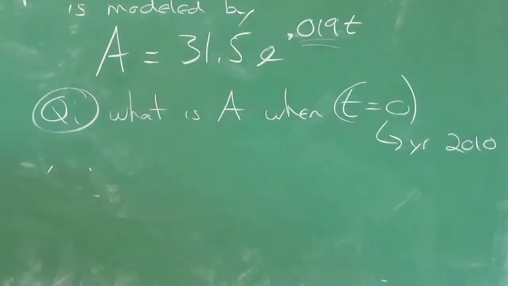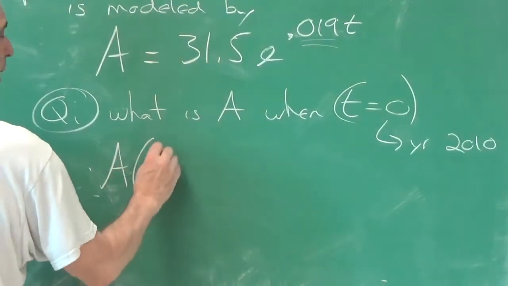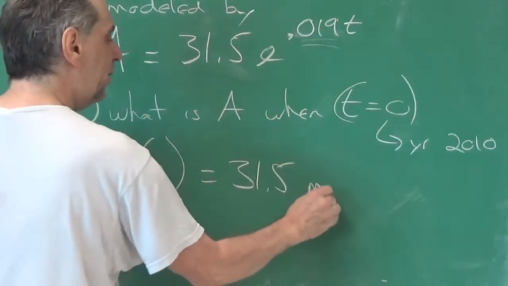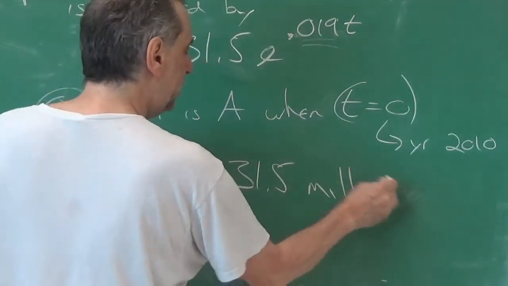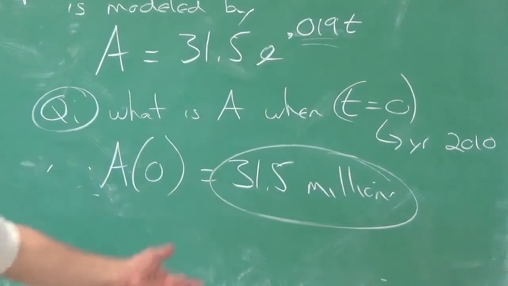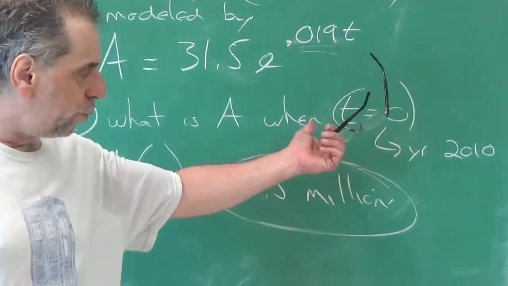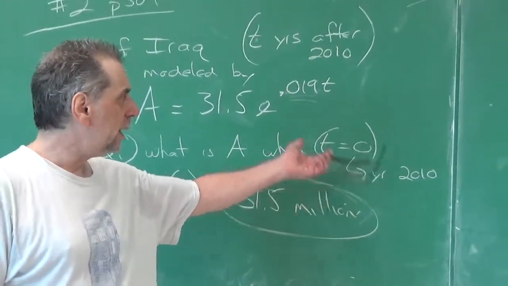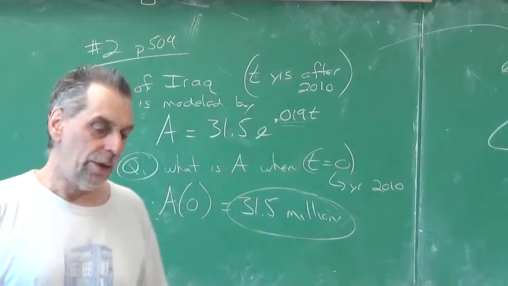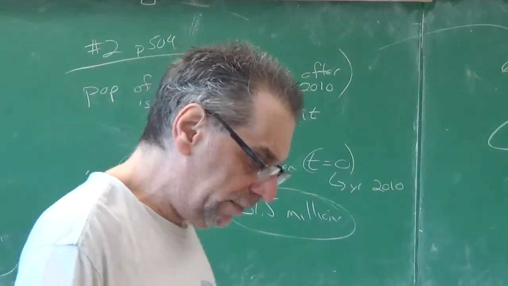So once again, just like the last one, we're evaluating this function for an input of 0, so we get 31.5. And this is in millions. And just like the last one, if we wanted the projected population in 2020, we would put 10 in for t and evaluate the function. Any other value that we want.